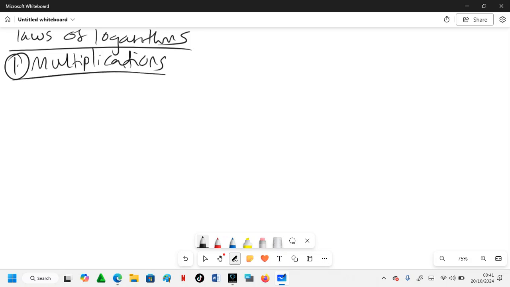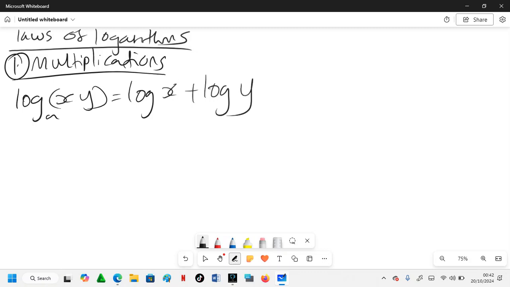So the first law says that the log to a certain base of x times y is just the same as the log of x plus the log of y.